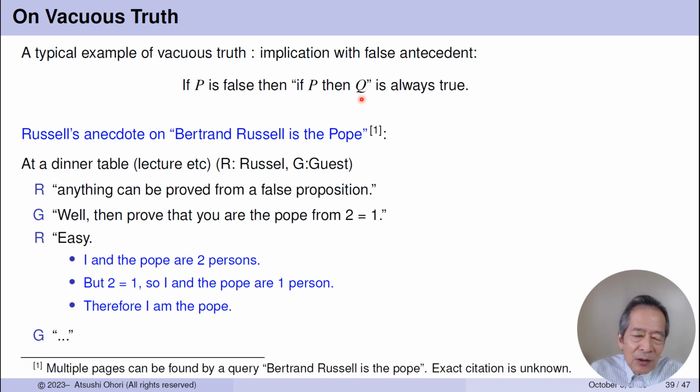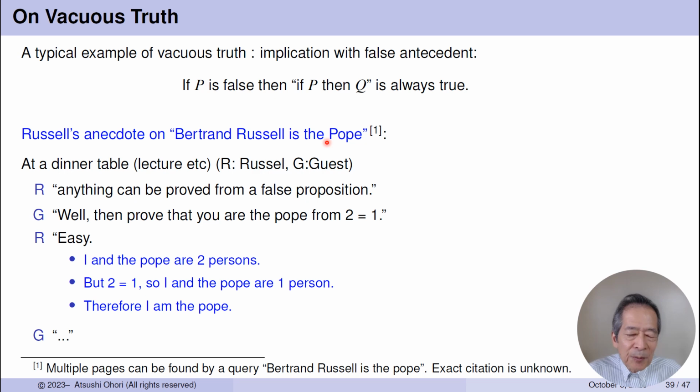So instead of trying to explain why this vacuous truth is valid, I only introduce some famous story on this vacuous truth. The story is known as Bertrand Russell is the Pope. If you search on the internet with this sentence, you will find multiple pages describing this story with differences.